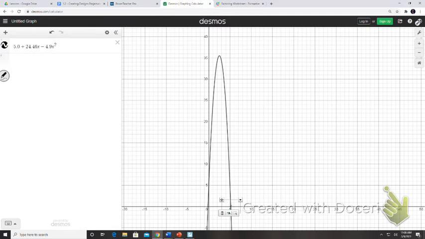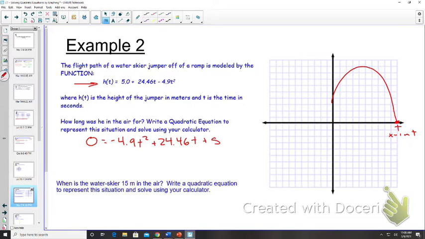Oh, because I'm in pen mode. Man, Desmos is not having a day. 5.189, or 5.2 if you round to the nearest tenth, right? So t is equal to 5.2 seconds.